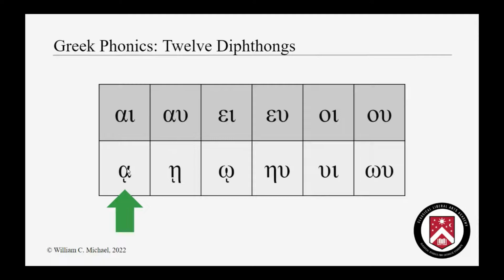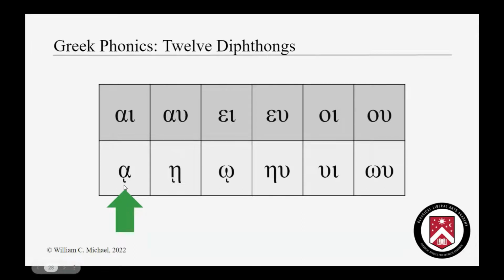Originally, this diphthong was written alpha iota, just like we see up here. It was written alpha iota, but the iota was dropped from the pronunciation. But in order to remember that it actually was alpha iota, that iota was written under the vowel like this. This is called iota subscript.